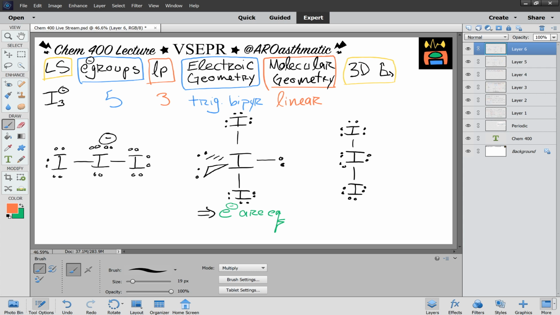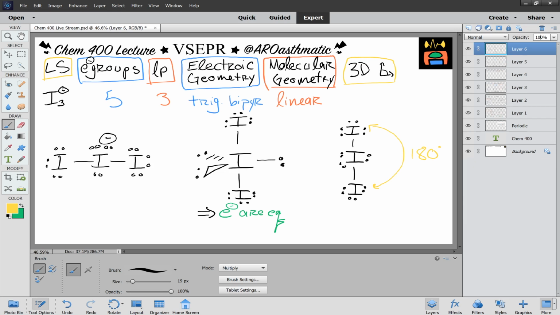We're kind of circling back to where we started. And our bond angle here is 180 degrees. You don't see the pinching because those 3 lone pairs are equally distributed around the 3 equatorial positions, so there's no pushing in any direction. So we're back to linear, which is kind of nice.